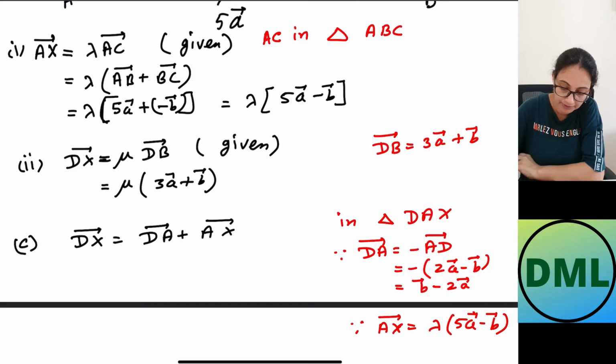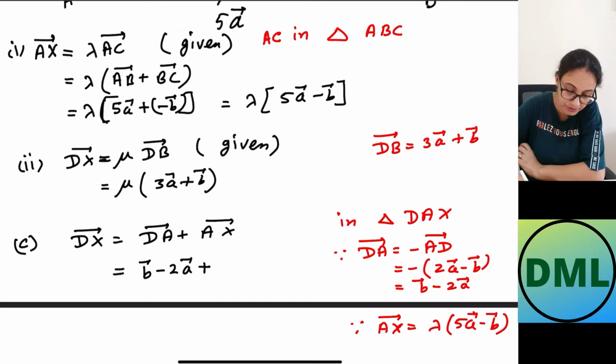If I open the bracket here, it will be plus b minus 2a. That value I will substitute here. So the DA vector is equal to b minus 2a, plus the AX vector. The AX vector we figured out earlier, lambda times (5a minus b). I'll substitute the value here.